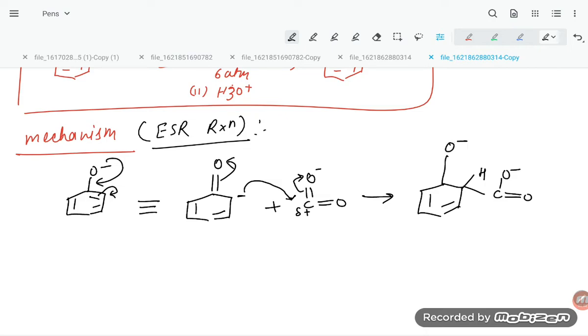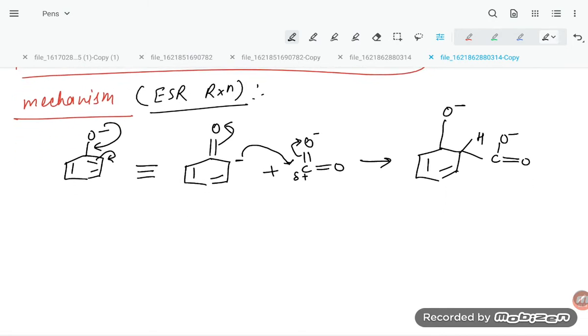So O negative, because carbon valency is 4 only. If there is a double bond here, it cannot accommodate more. Now let us see step number 2.